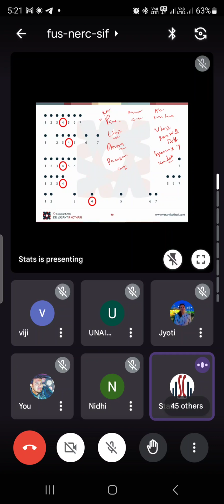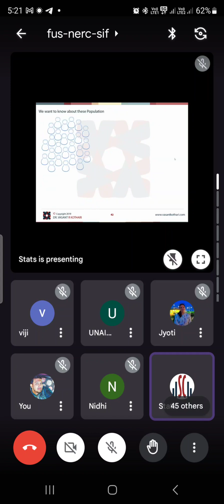So for every parametric test, I have a counter, opposite or mirror non-parametric test. So if my data is normal, I will use parametric: t-test, ANOVA, Pearson correlation. If my data is abnormal, I will use non-parametric: u-test, Kruskal-Wallis, Spearman, Kendall. That is a simple funda for parametric and non-parametric.